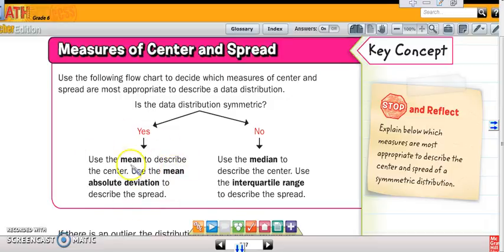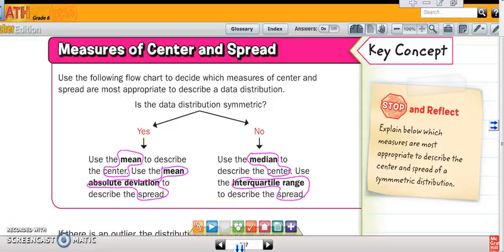This one's nice because you're already finding the mean in this problem. So the mean is for the center. Circle that. The mean absolute deviation is the spread. If it's not symmetric, you're going to find the median for the center and interquartile range for the spread.